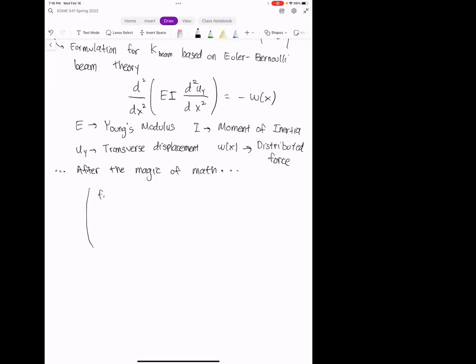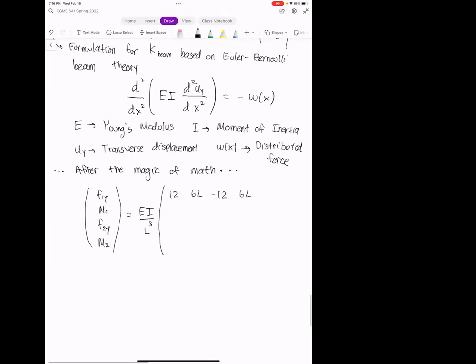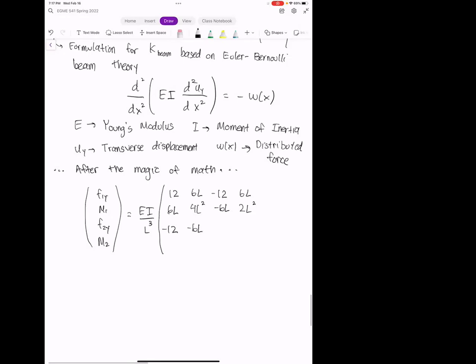We have F1y, M1, F2y, M2. This is equal to a matrix where we have EI over L cubed out in front, multiplied by the rows: 12, 6L, minus 12, 6L; 6L, 4L squared, minus 6L, 2L squared; minus 12, minus 6L, 12, minus 6L; 6L, 2L squared, minus 6L, and 4L squared.